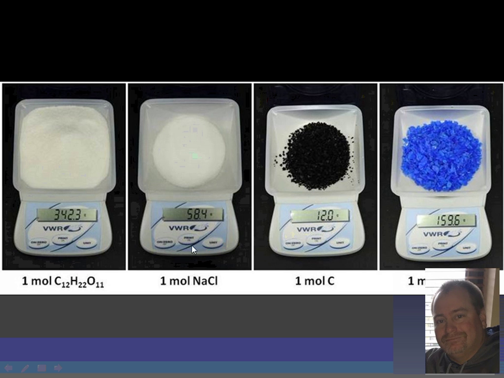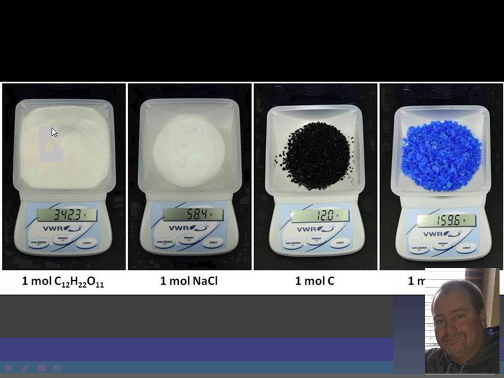We just talked about sucrose to start this off. Here's 1 mole of sucrose. Sucrose is covalently bonded together. So, when I'm talking about Avogadro's number, I label something that is covalently bonded as molecules.